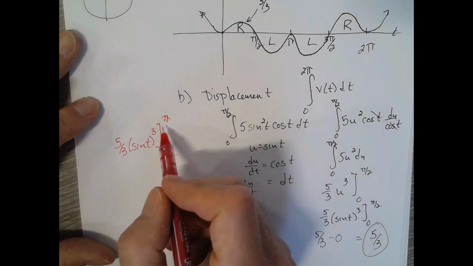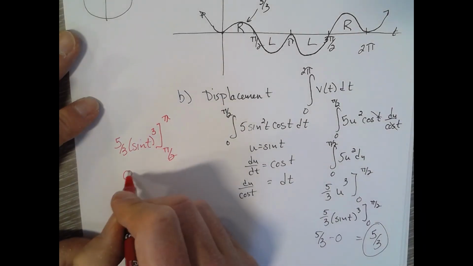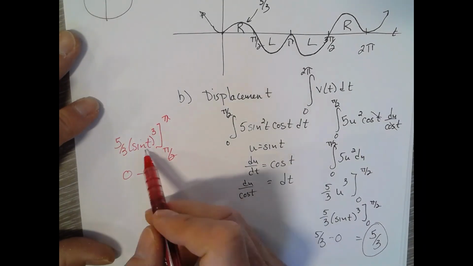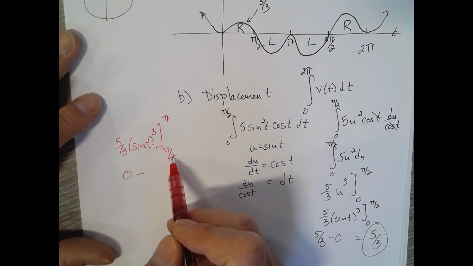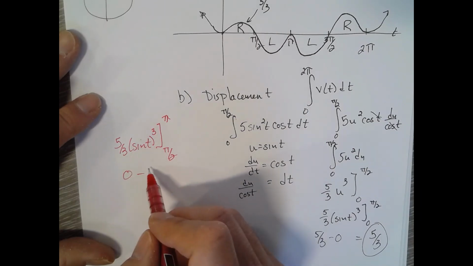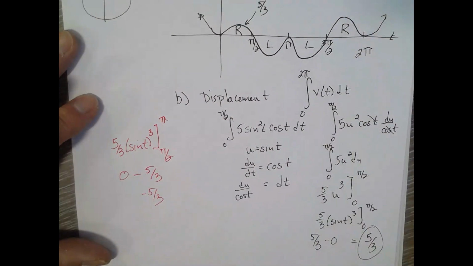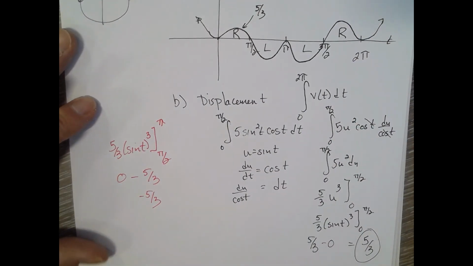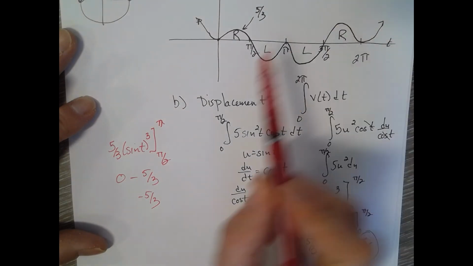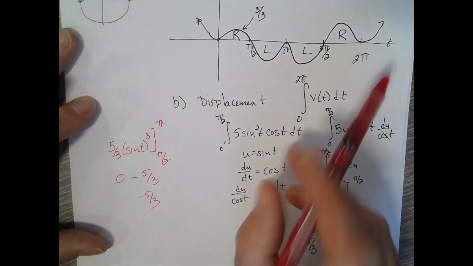Sine of pi is 0. Sine of pi over 2 is 1, so we get 0 minus 5/3, which is negative 5/3, as we suspected. Okay, so I'm feeling pretty good about our displacement from 0 to 2 pi being 0.